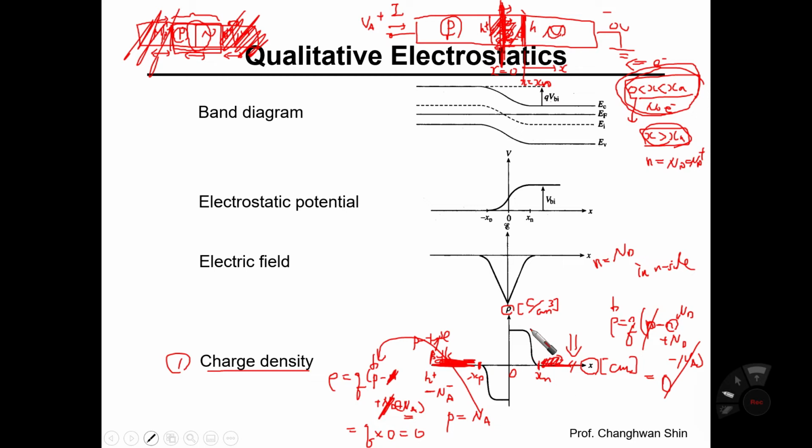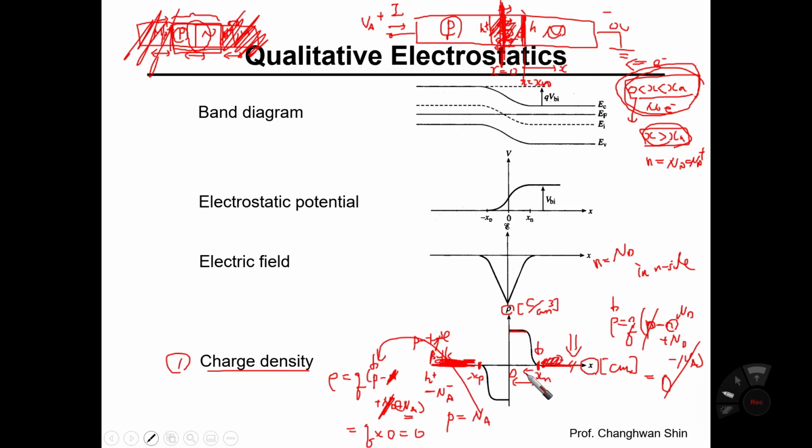Now the next job that we should tackle is this: how much charge density can we expect between 0 and xn? Since we are using the depletion approximation, the depletion ends at x of xn.